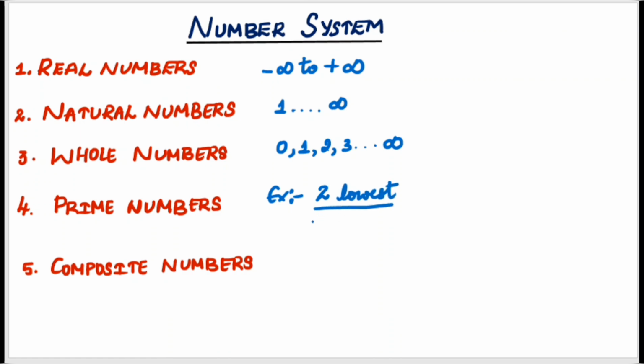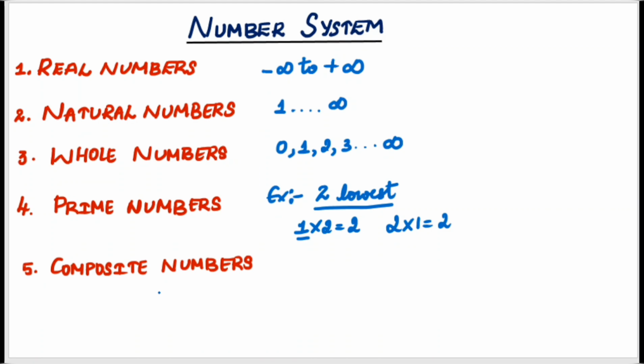One of the factors of 2 is 1 itself and the number itself. 1 twos are 2, so one of the factors is 1 and the number itself, that is 2 ones are 2. So prime numbers are the numbers that have only two factors, that is 1 and the number itself. I hope everyone is clear.